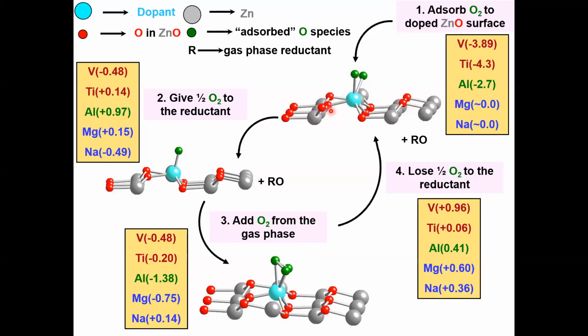Let's say this is the catalyst: a dopant which is bound to absorbed oxygen. During the course of this reaction, there's a catalytic cycle. When you say cycle, it means a cyclic process: something changes, but that change is reversed during the course of the reaction.